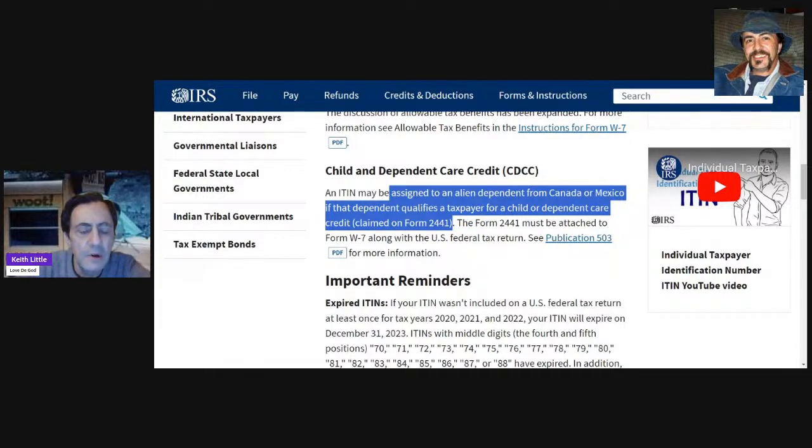So if your child is a foreign, if you come from Mexico or Canada and you get dependent care here in the Americas, United States, they're going to assign you an ITIN because that's a taxing event.